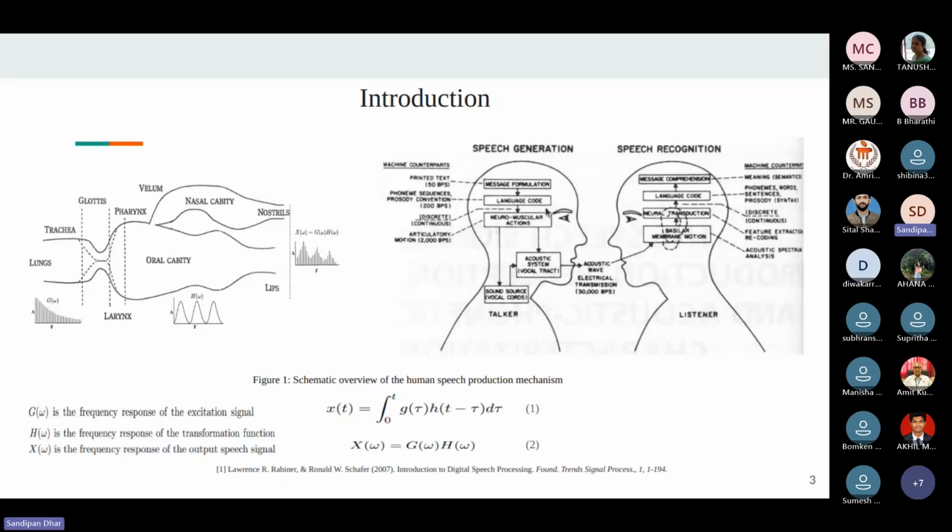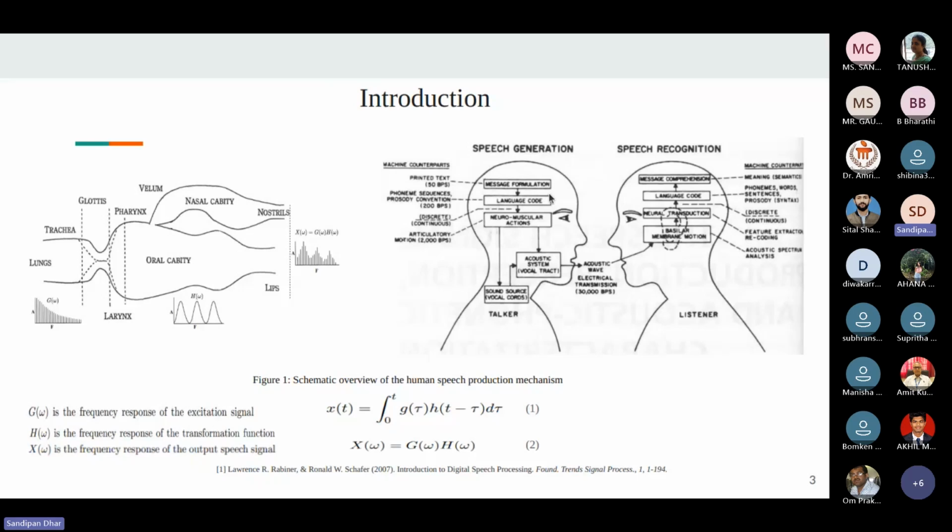Now when we make any message by our lips, based on our oral and nasal cavity, the initial part is the message formulation. In the right-hand side image that you can see, the first one is the message formulation, and then the language code that we select to convey our message.